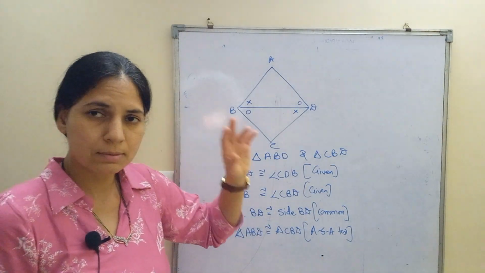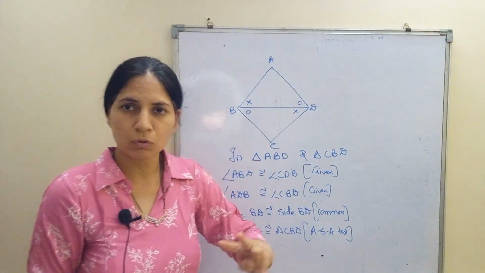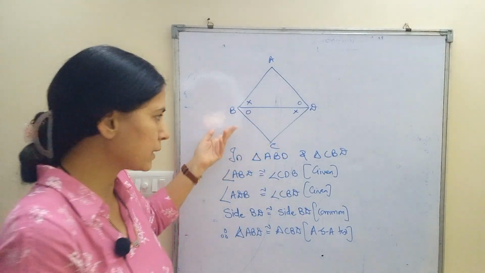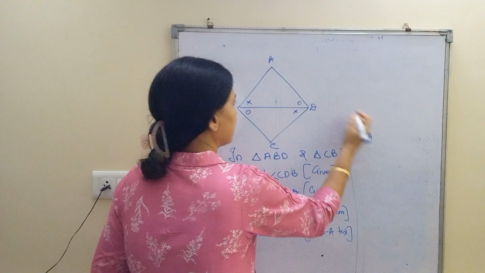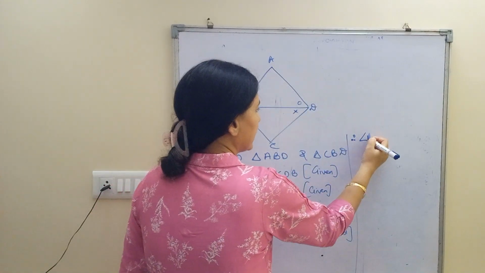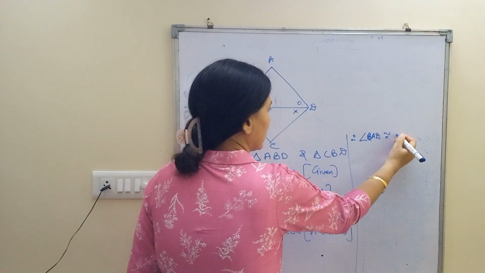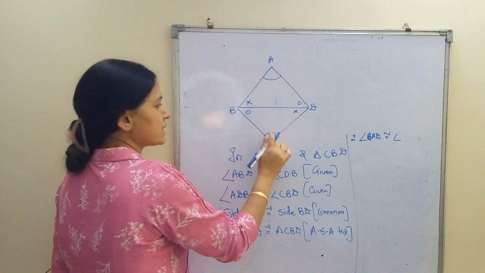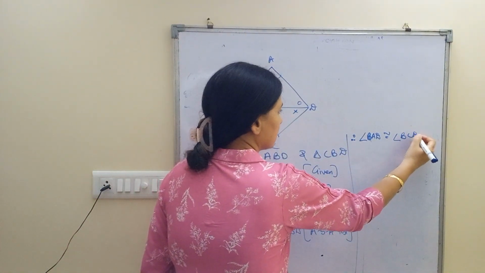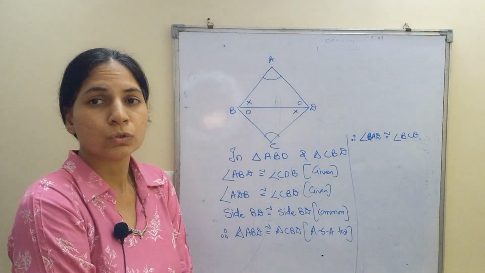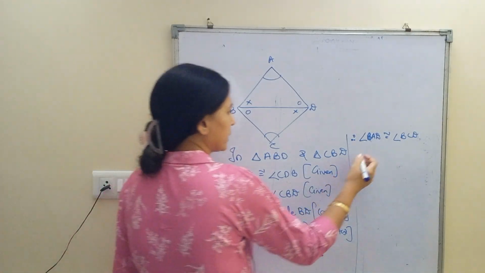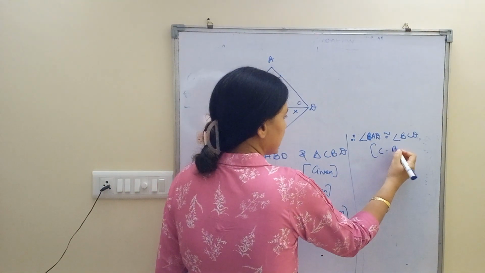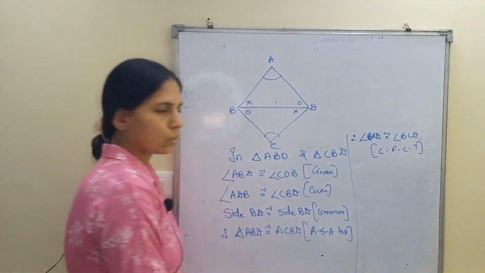Now, since both the triangles have been proved congruent, the rest of the parts will also automatically be congruent. So you have to write, therefore, angle A, that is BAD, is congruent to angle C, BCD. Why? Reason? You have to mention a reason for every statement you give, otherwise the teacher will deduct marks. CPCT. Please remember this.